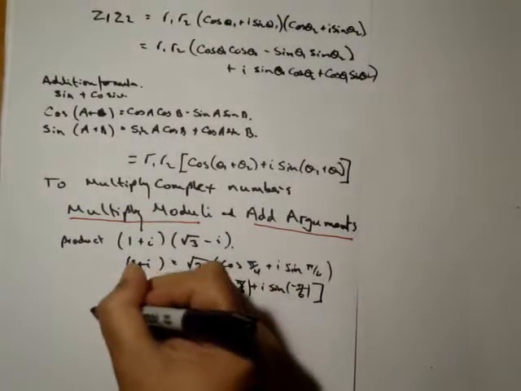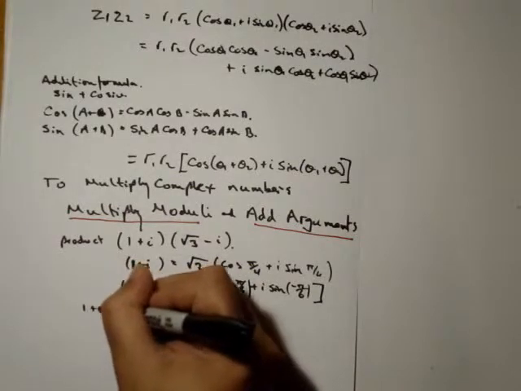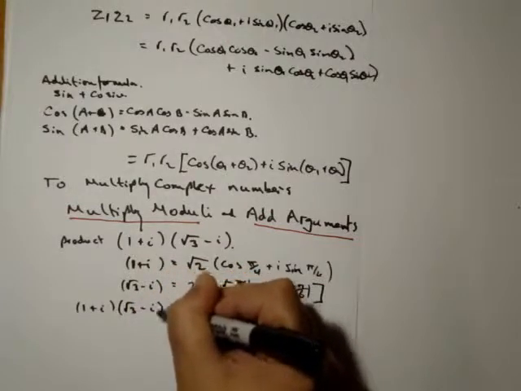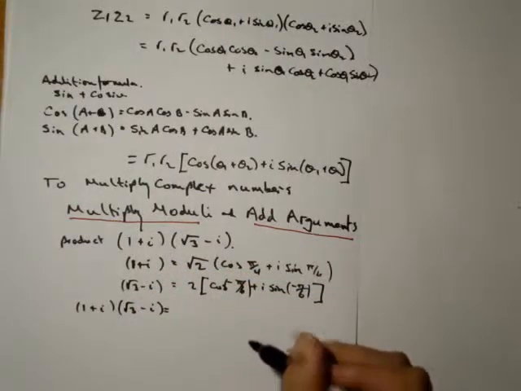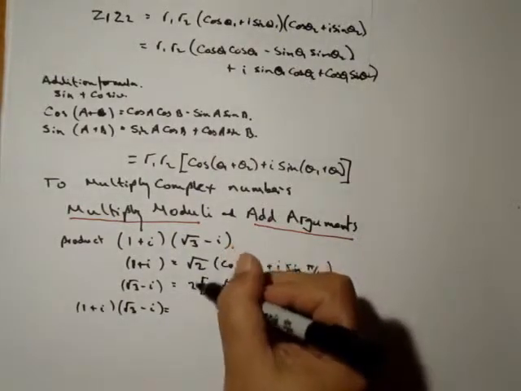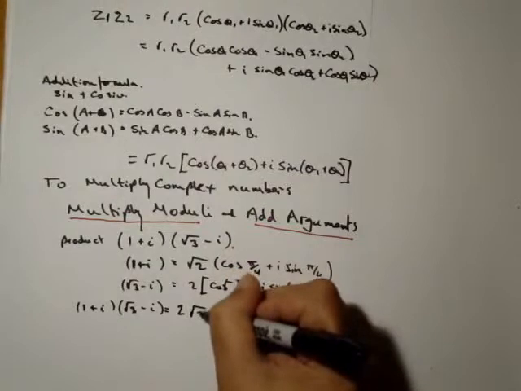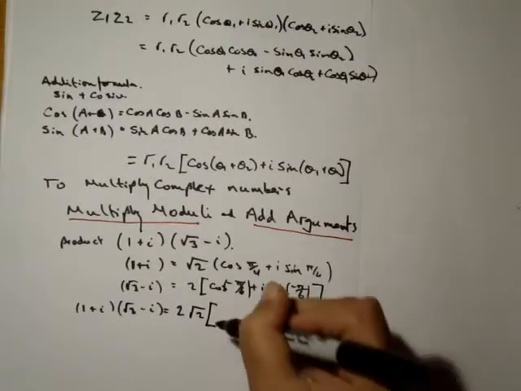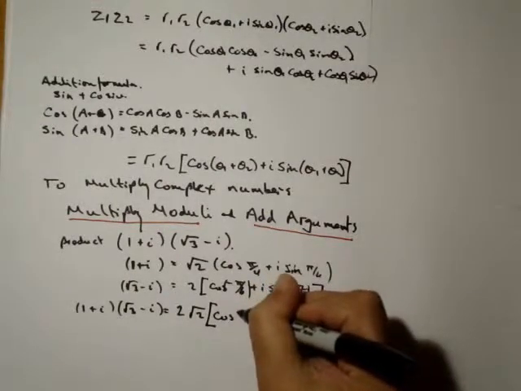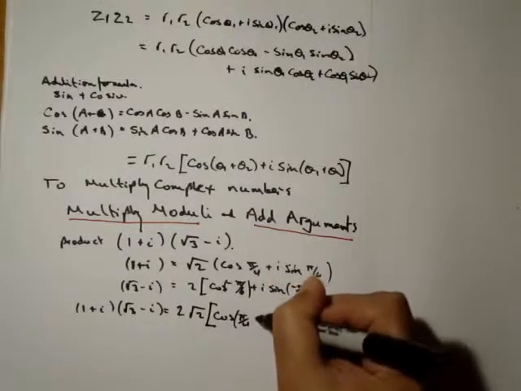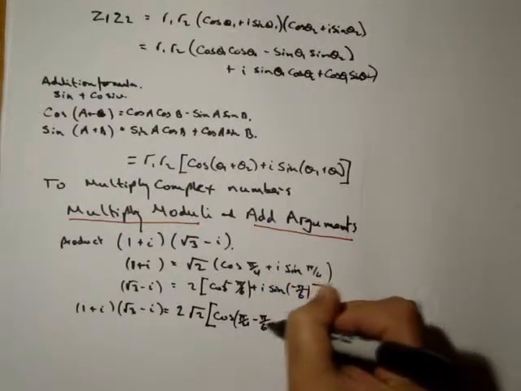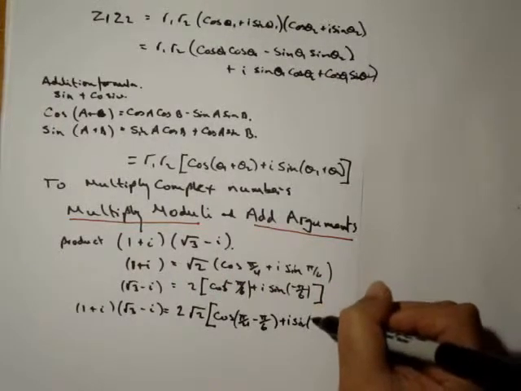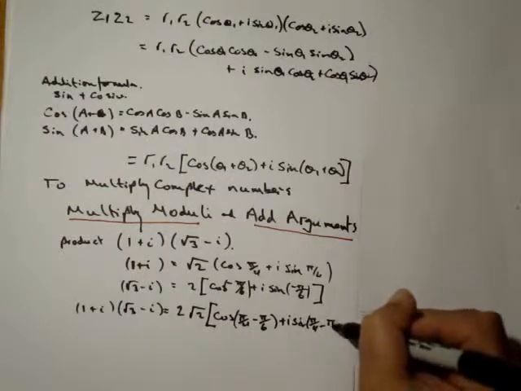So when we multiply them together, 1 plus i multiplied by square root of 3 minus i, this is 2 and square root of 2 multiplied together, 2 square root of 2, and then we add the arguments, so this would be cos pi over 4 minus pi over 6 plus i sine pi over 4 minus pi over 6.